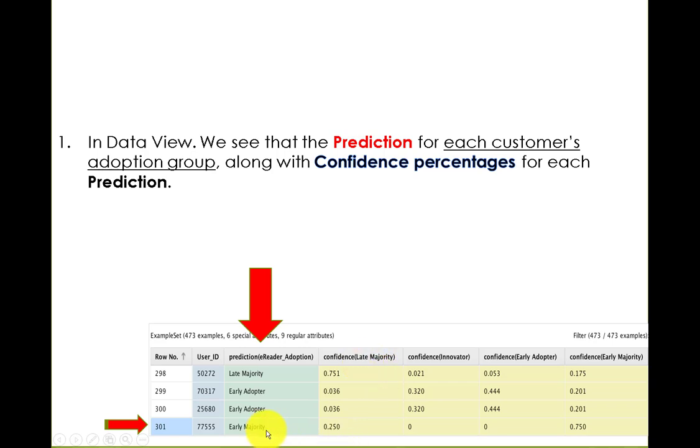The first one is very nice because, as you can see, 75% it is early majority, and late majority 25%. The confidence of the early majority is three times bigger than the late majority. So I will pick that one as early majority.